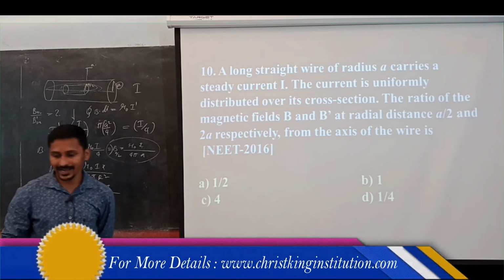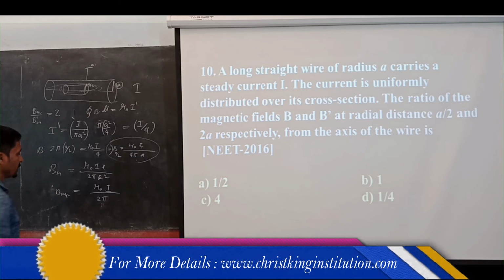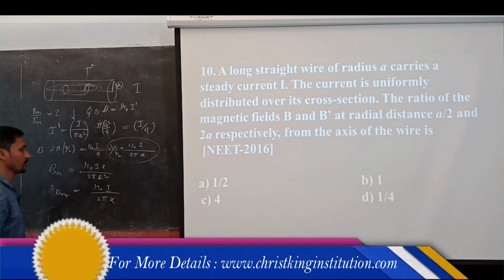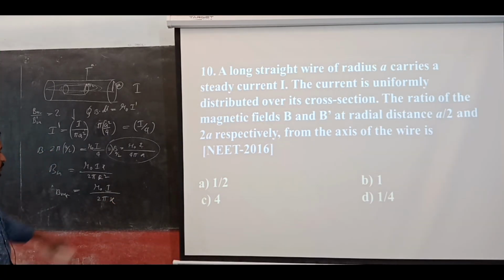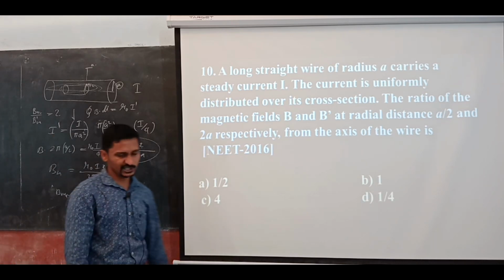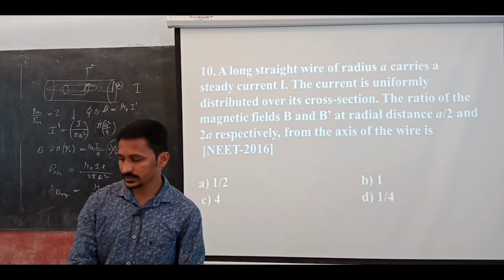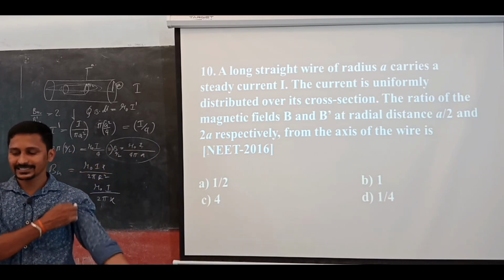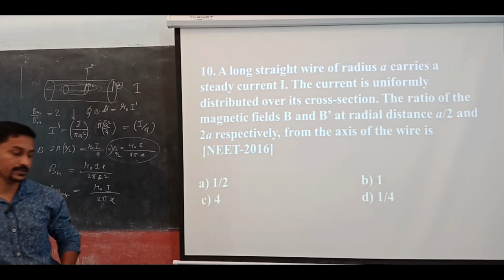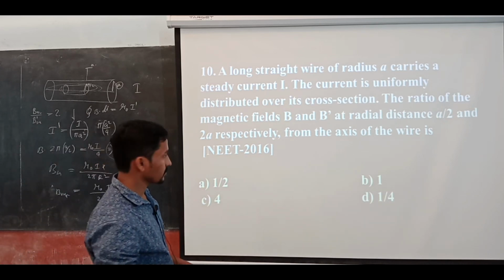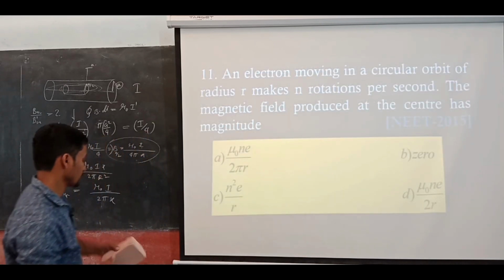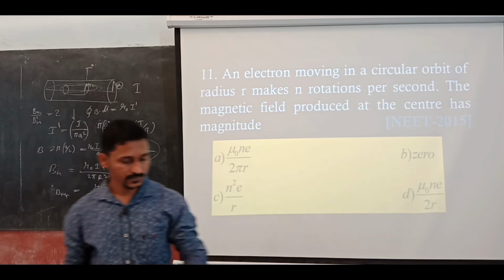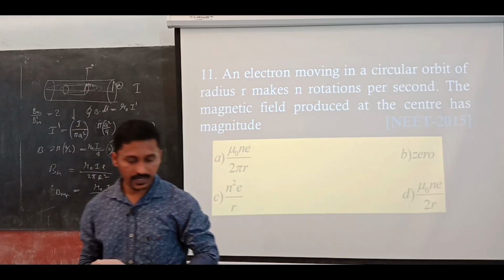Mu naught I divided by 2 pi 2a, that is 4 pi a, both are same. You will get the ratio is 1, so you are going to get the value as 1. Simple, right? So go to the next question, read that and try to get the answer.